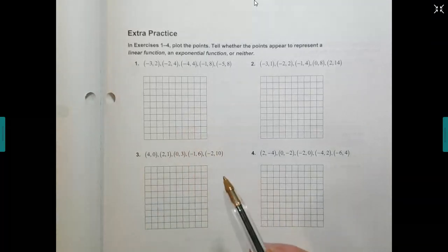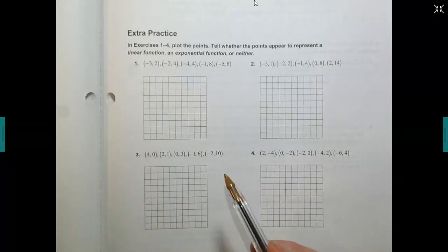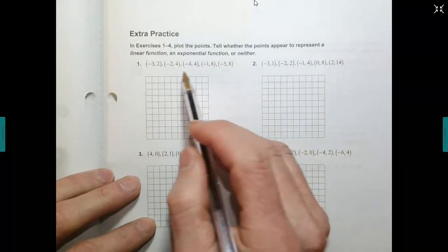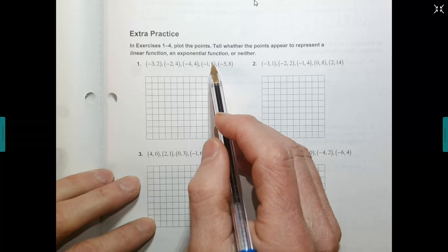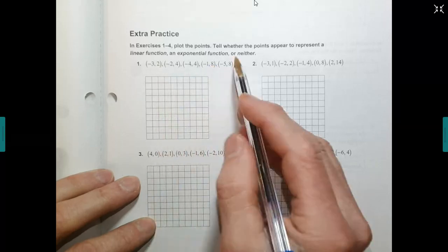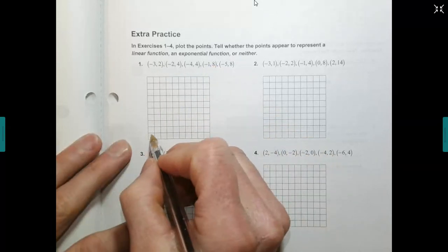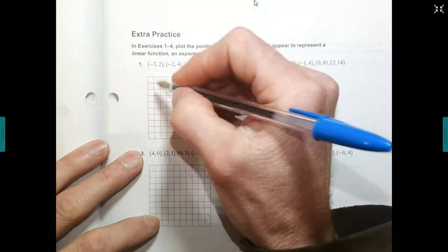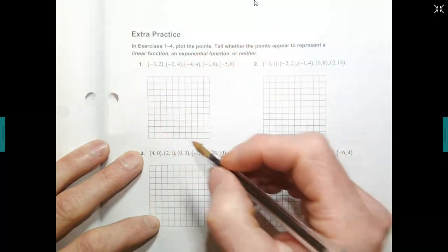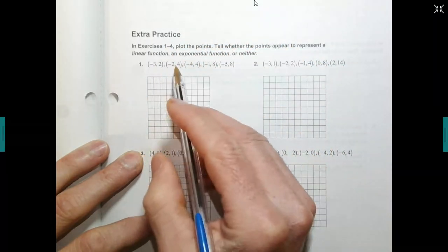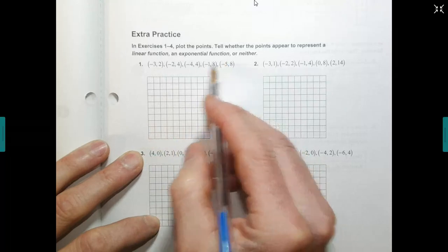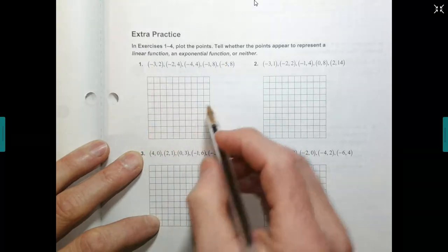So I'll do the first one, and then you'll do the ones after this. So let's see, our y value has to go up to 8 and down to 2. So we'll have our y values. Let's see, our x has to go -5, -3. So we'll do this.